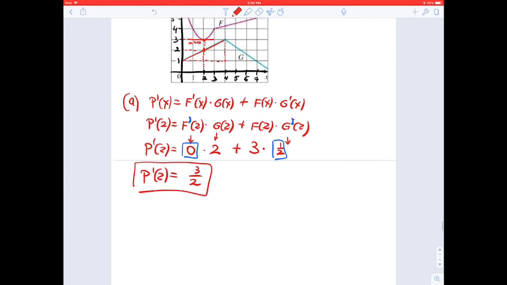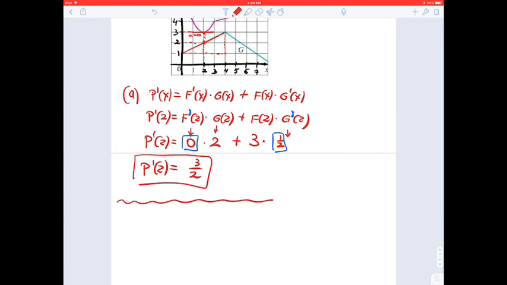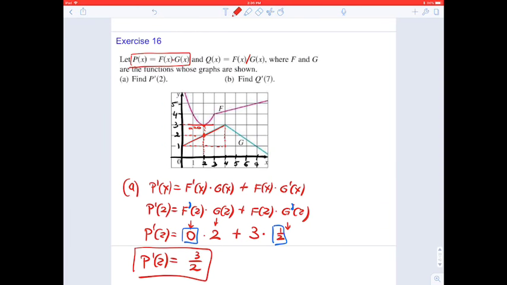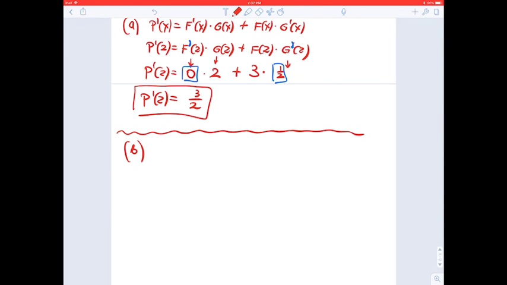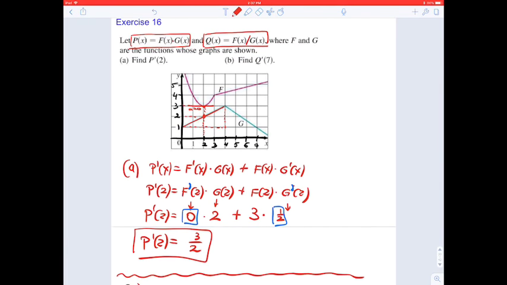Okay, now we have a similar situation, but we have to investigate the situation at 7. The q function is defined as f over g. Okay, q prime at x, quotient rule. This is f over g.